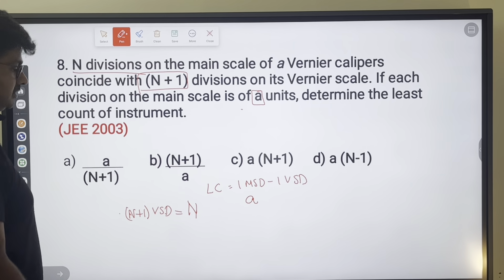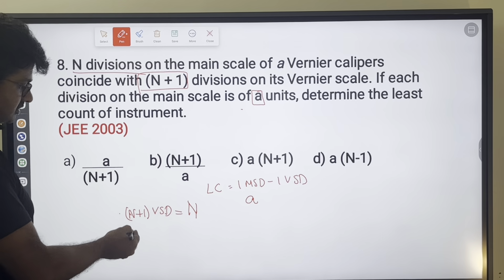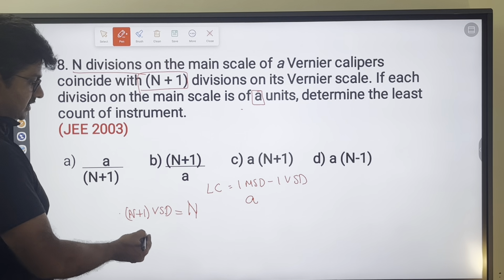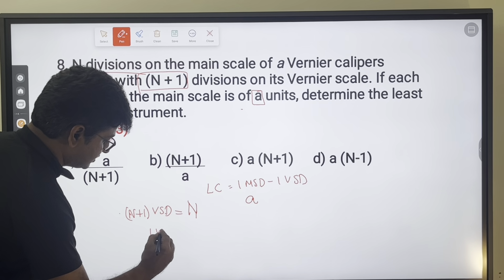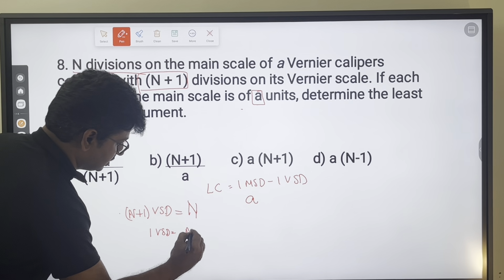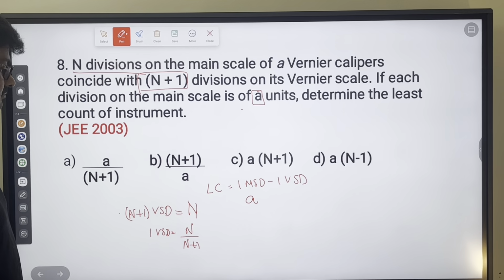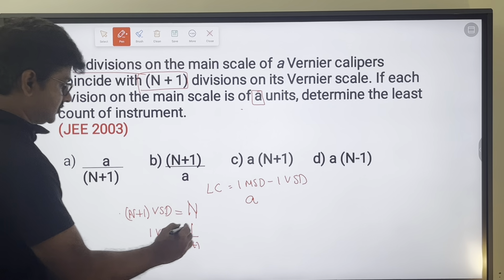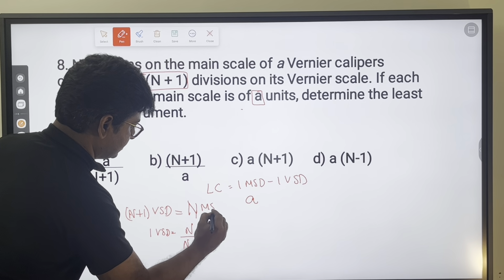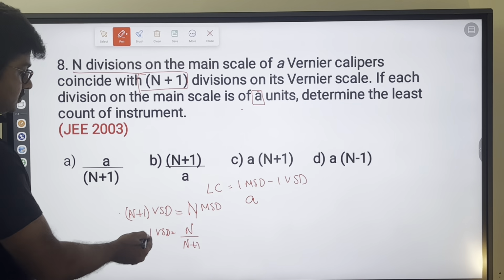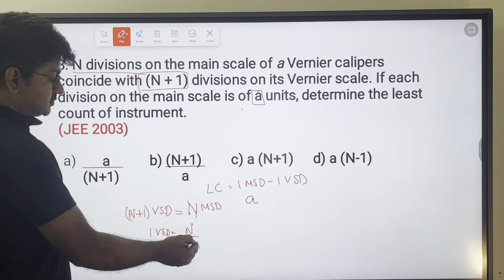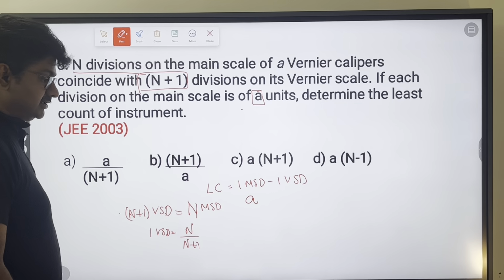So what is one vernier scale division? Obviously 1 vernier scale division is equal to n by n plus 1. Sorry, I would write n main scale divisions. So 1 VSD is equal to n by n plus 1 main scale division.